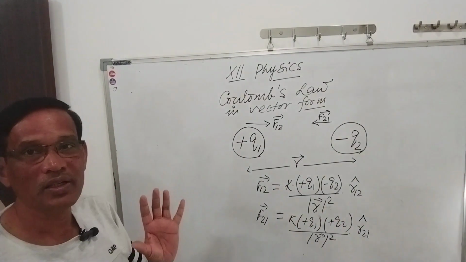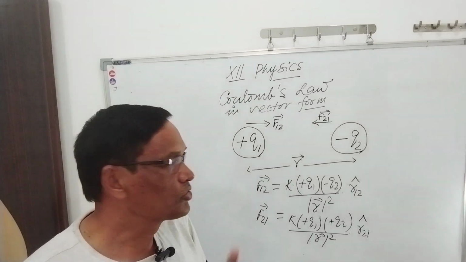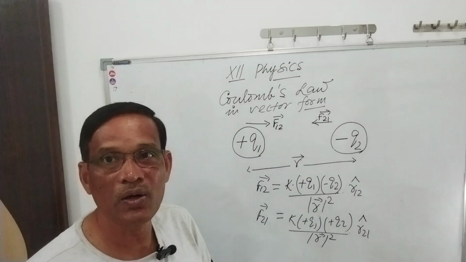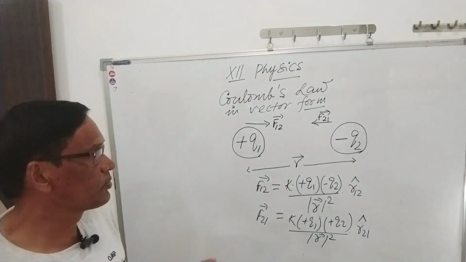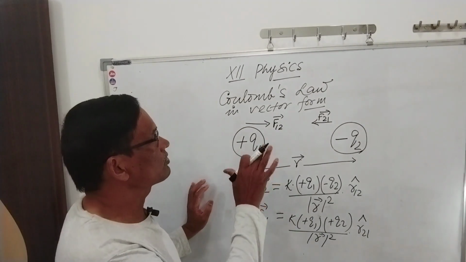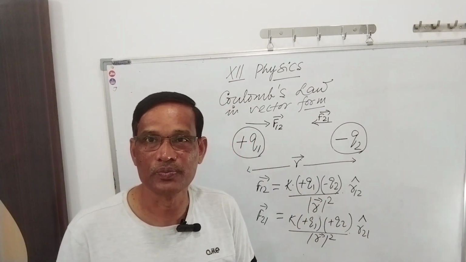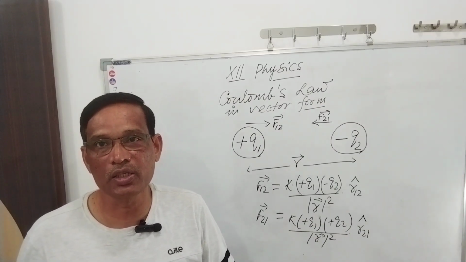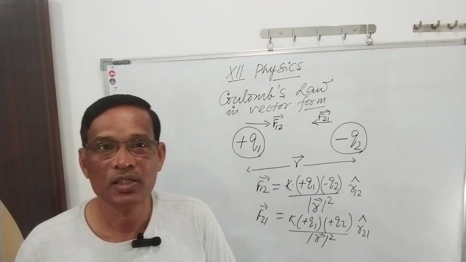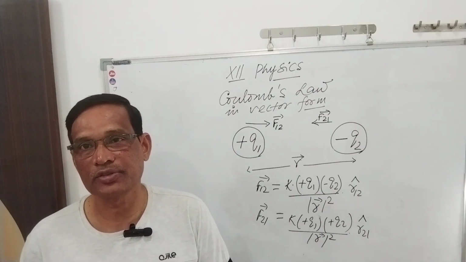So don't get confused about how to apply Coulomb's law in vector form, right? Coulomb's law in vector form clearly tells about the directions and the magnitude also. But whenever you apply, the same Coulomb's law is holding good and the forces will be equal and opposite in direction.